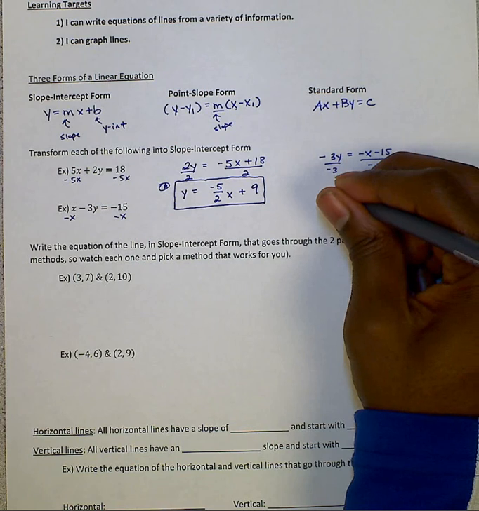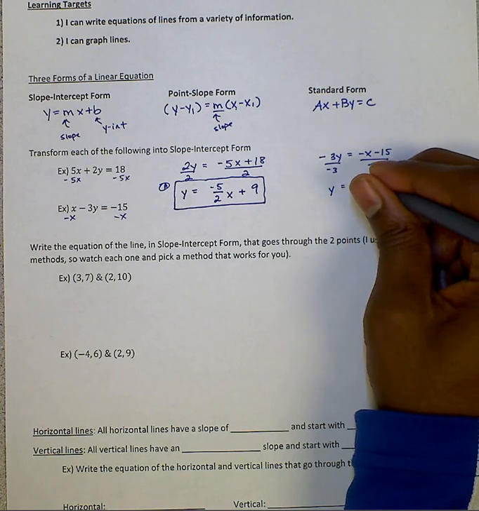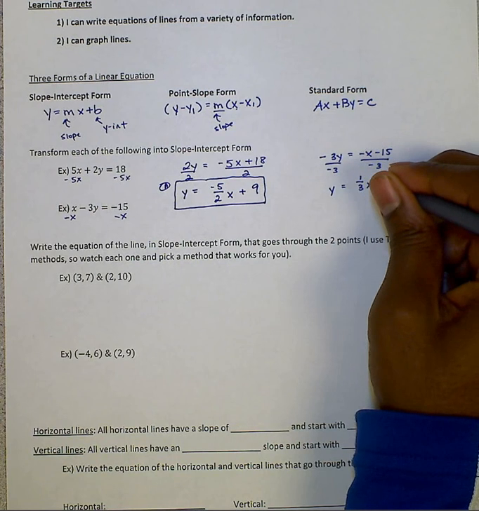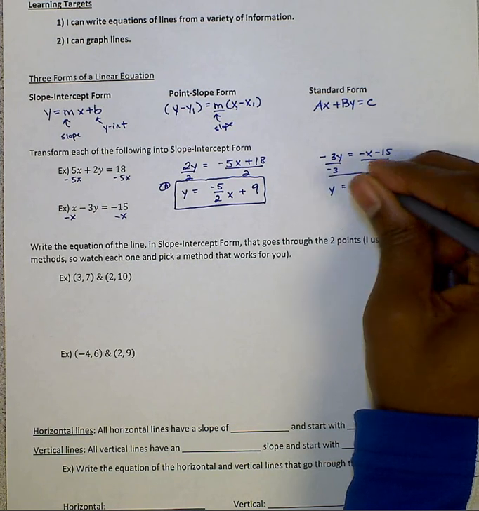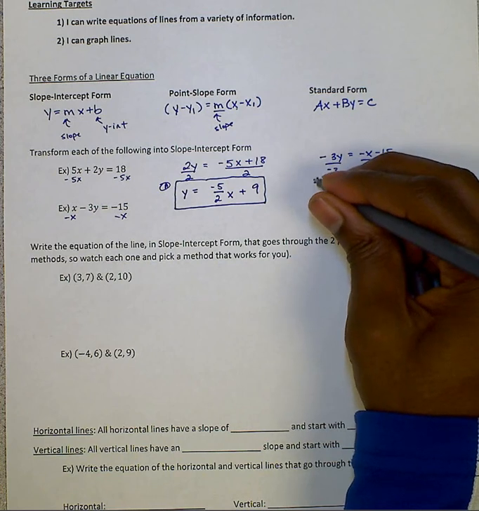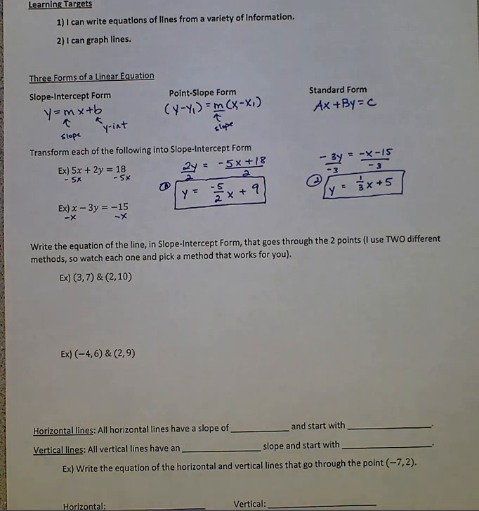So we get y equals negative divided by negative is positive, so positive 1/3 x plus 5. So now I've changed both of these into slope-intercept form just by solving for y. Hopefully that was all review from the algebra course.